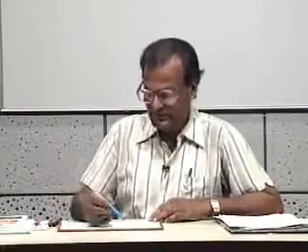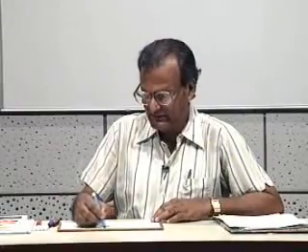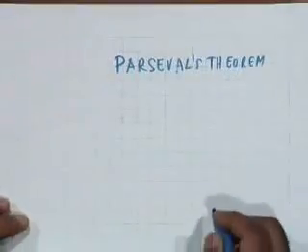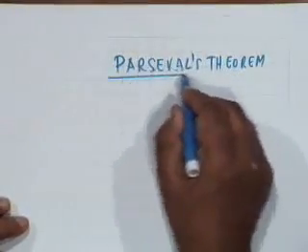The next property concerns the energy. In other words, it concerns what we have mentioned again and again, the Parseval's theorem. The proof is exactly similar to the continuous time case.